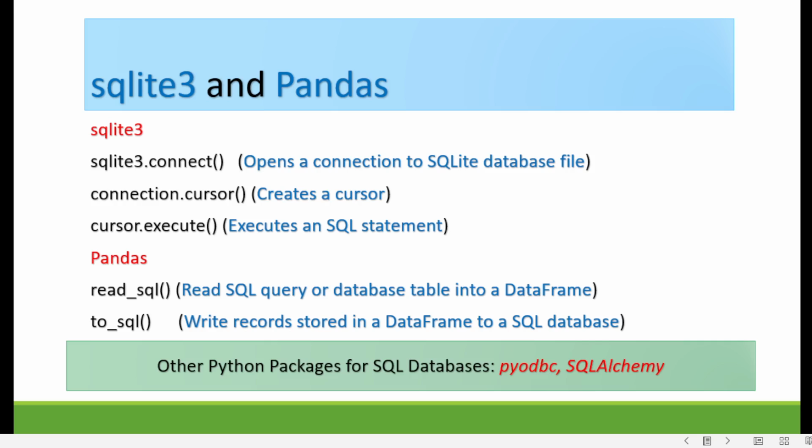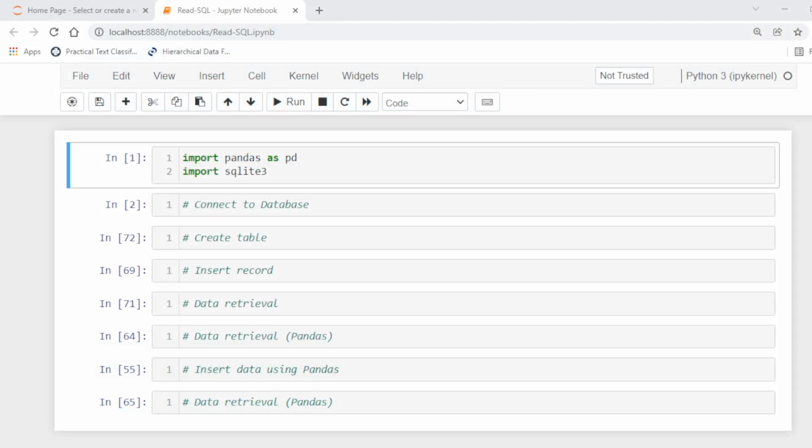There are some other Python packages, PyODBC and SQLAlchemy, that can be used to connect with other database management systems such as MySQL Server, SQL Server, etc. So here we start with the example of how to connect with the SQLite database management system.